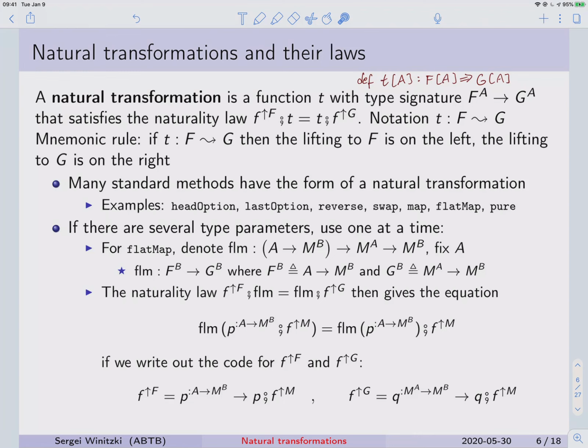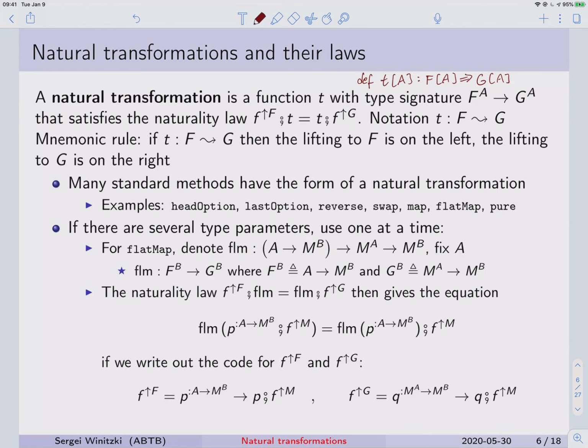So let's look at this example. flatMap, imagine it has this type signature, which I call FLM, which is a curried version of flatMap, where you have first the function of this type, and then the argument, which is in Scala usually the first one. So I rearrange the arguments a bit, but this is a much more convenient function to work with in derivations. So I call it FLM instead of flatMap.